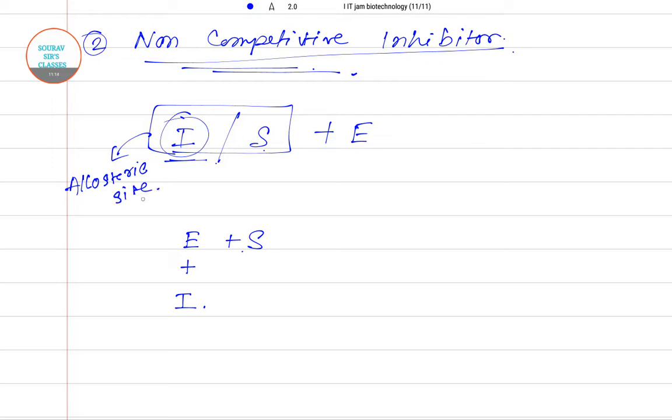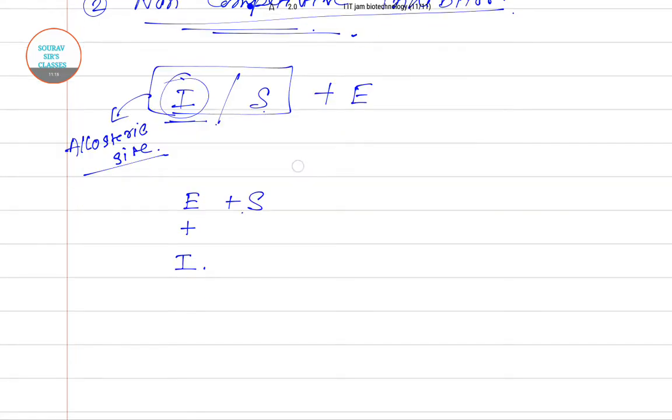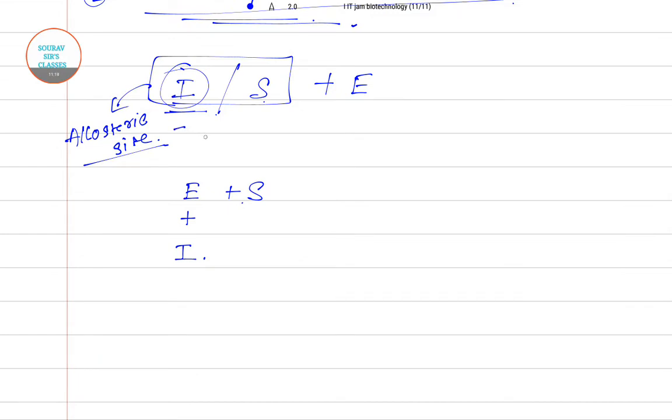This allosteric site is actually the other site of the enzyme, that is not the active site of the enzyme where the substrate goes and binds. Suppose this is the structure of the enzyme. The substrate is this, and this is the active site, and this is the allosteric site.